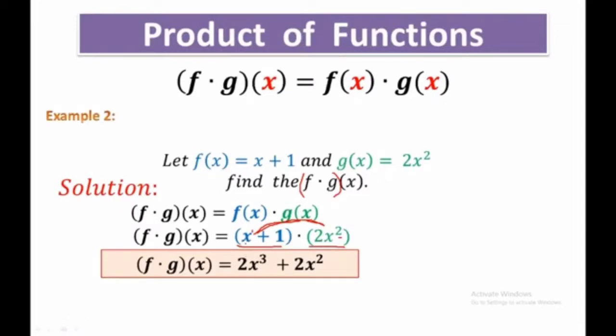Okay, so x times 2x squared, we have 2x cubed or 2x raised to 3. And then we have positive 1 times 2x squared, we have positive 2x squared. So this is now our product of the two functions, which is equal to 2x raised to 3 plus 2x raised to 2, or 2x cubed plus 2x squared.